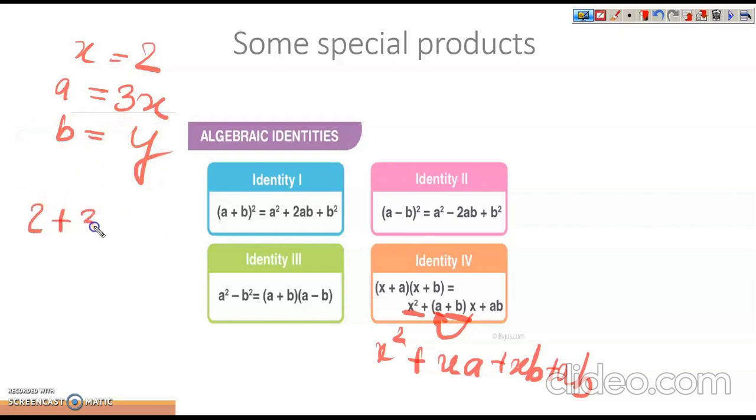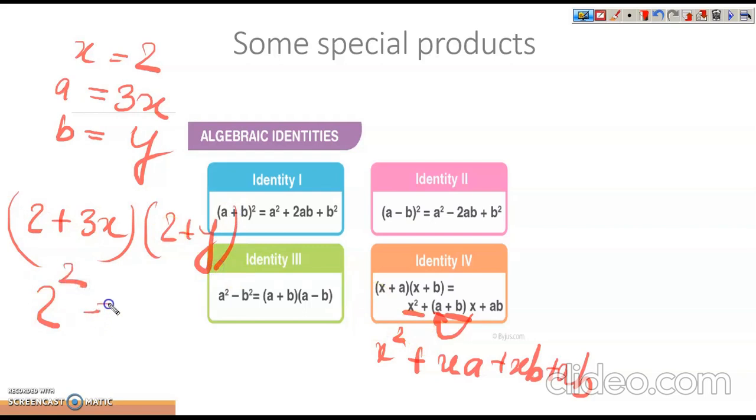(x plus a) and (x plus b). Okay, by the format x squared, that means 2 squared, plus (a plus b), 3x plus y, multiplied by 2, then plus a multiplied by b.